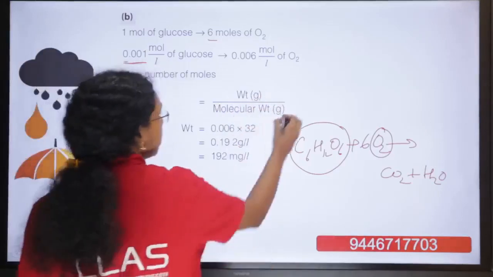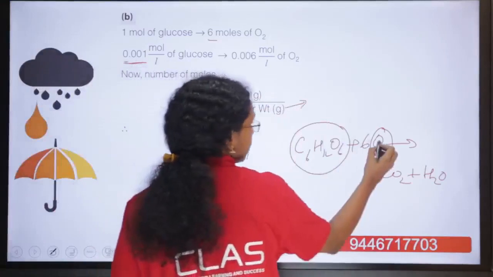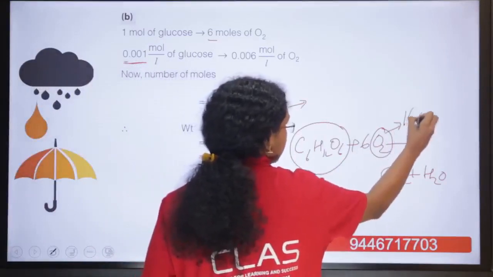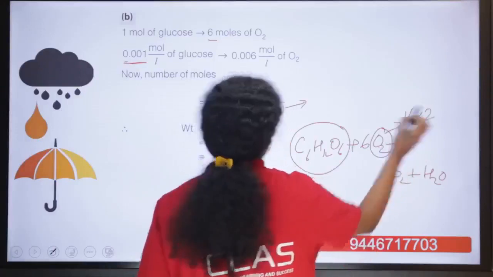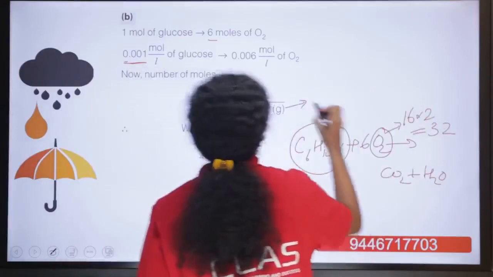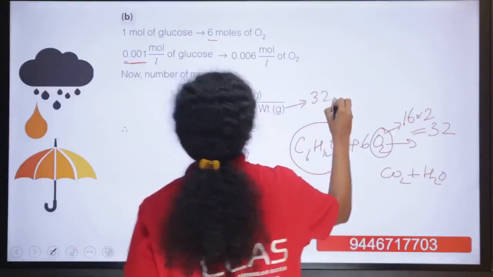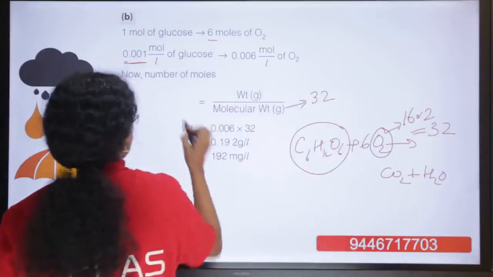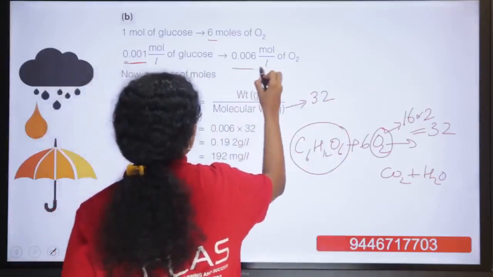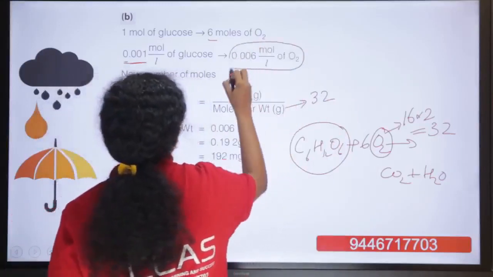The molecular weight of oxygen is 16 into 2 atoms, that is 32.